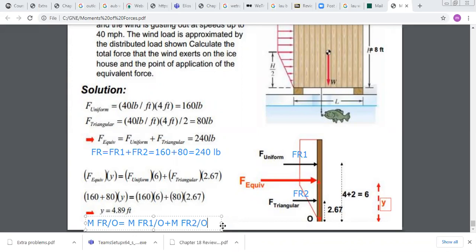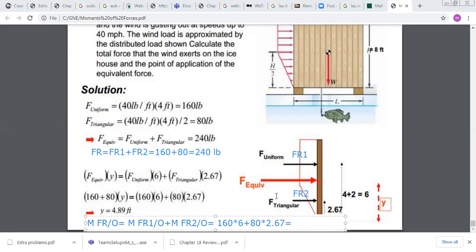So I have, for FR1, 160, and we have calculated the distance from O, which is 6, so it's 160 times 6 plus, for the triangular load, it's 80 lb, so it's 80 times the distance, which was 8/3. 8/3 is 2.67.